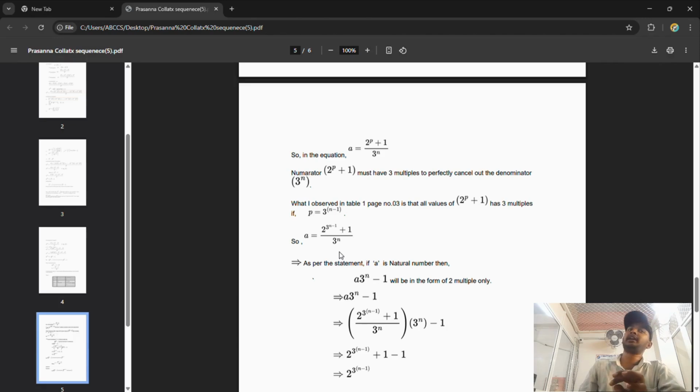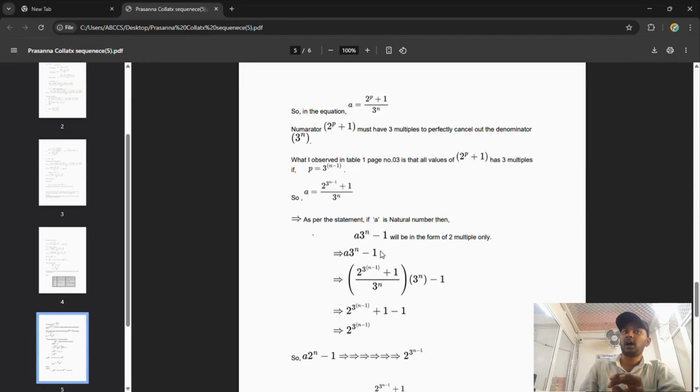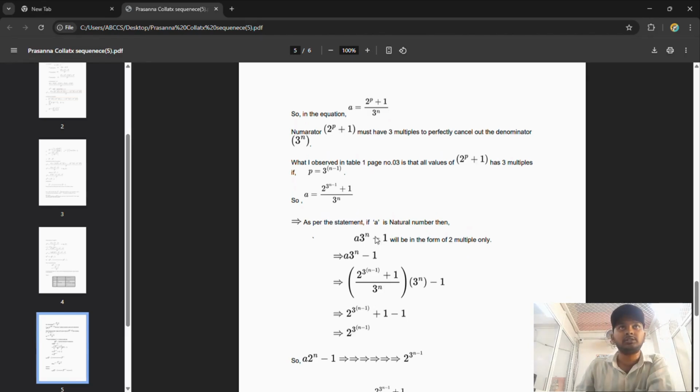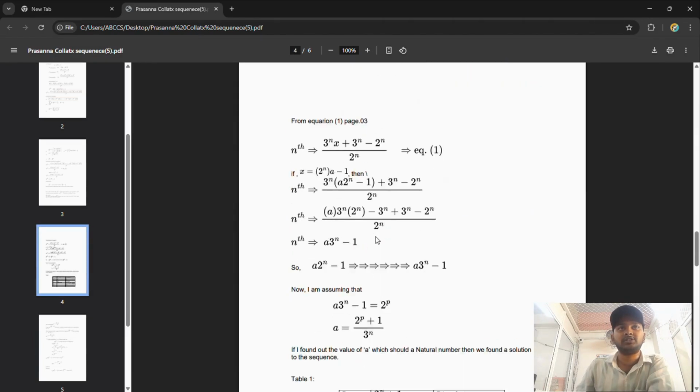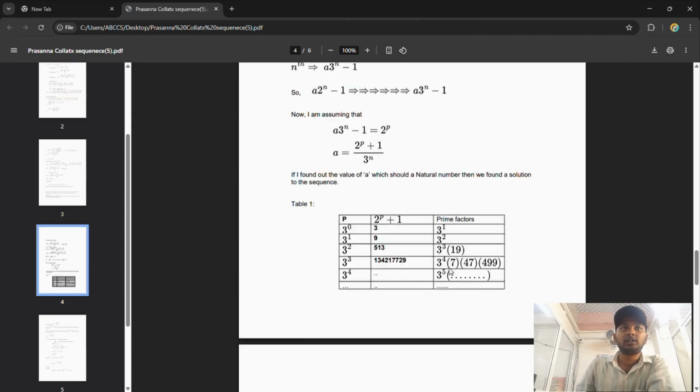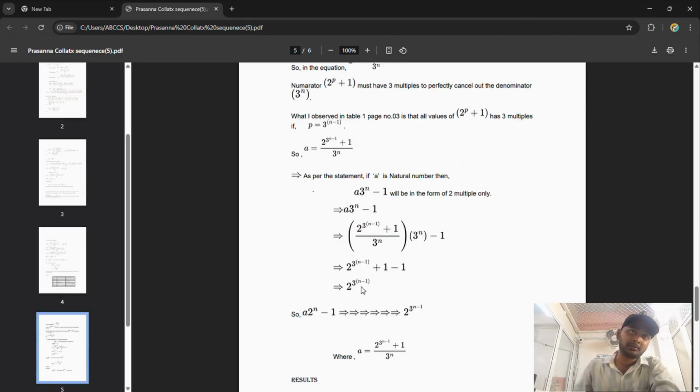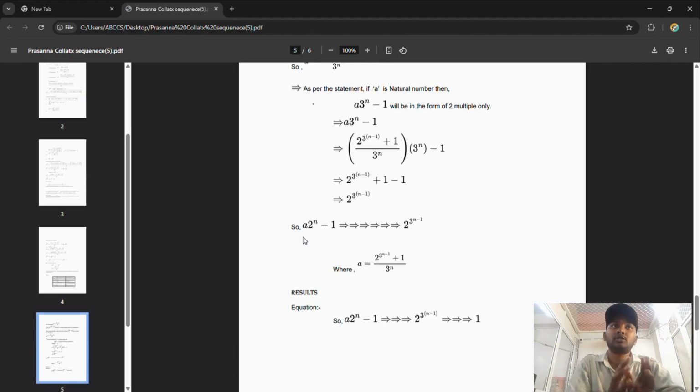As per the statement, if a is a natural number, I applied a in the final equation. Then I got 2 to the power of 3 to the power of n minus 1. So finally, a times 2 to the power of n minus 1 will be equal to, after doing n number of odd operations, 2 to the power of 3 to the power of n minus 1, where a is this number.